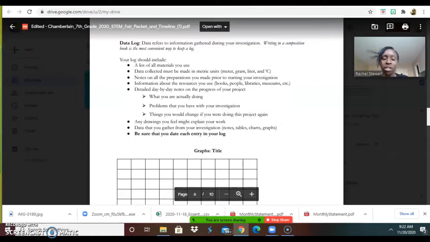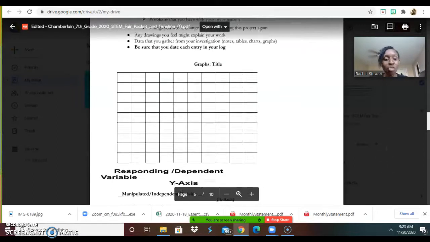Moving forward, this is your data. You are supposed to be collecting data throughout your project, taking pictures, writing down data points, writing down information. If you're doing a plant, an example of that is it grew 3 inches in 2 days, and 2 days afterwards it went to 4 inches, and then you would create a graph.